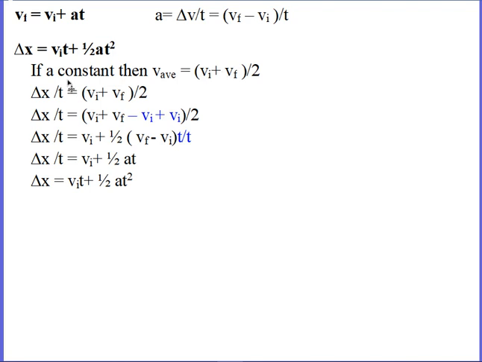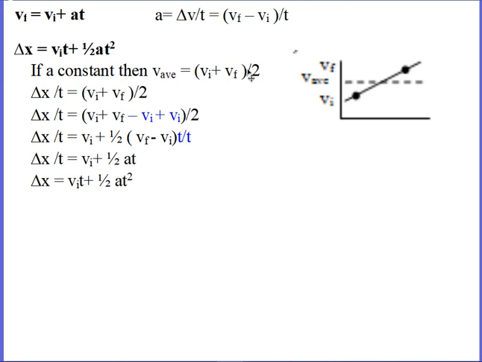Here you go. Very important that if the acceleration is constant, then the average velocity is equal to the sum of the velocities divided by 2. But that's only true if the acceleration is constant. That is, the slope in the velocity time graph is constant.